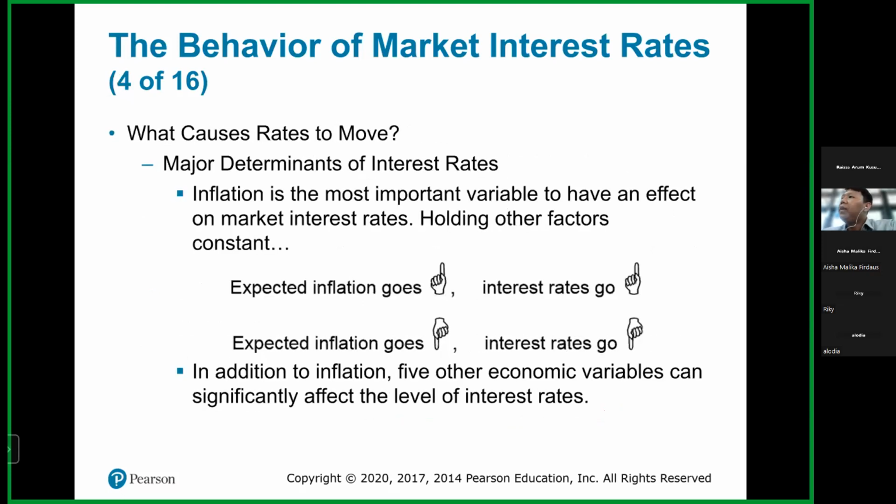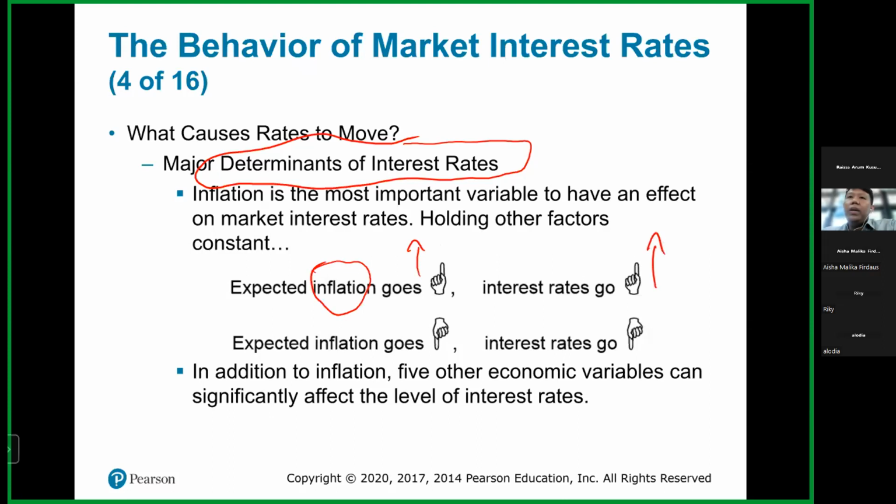Next we have the determinants of interest rate. One of the factors that affect interest rate is inflation. When inflation is expected to go up, the interest rate goes up.